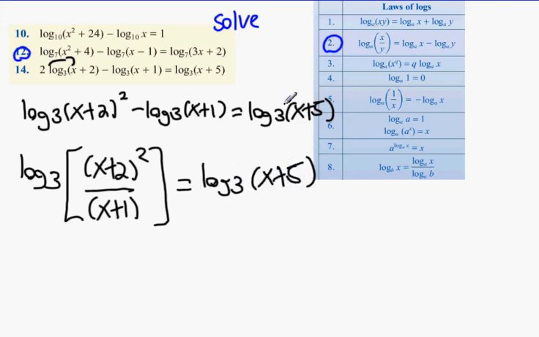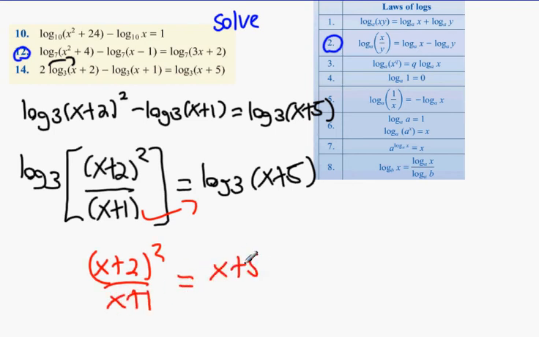Both the logs can now disappear, and we're going to bring up the x plus 1. Sorry, I'll do the next step out in its entirety, just so I don't confuse anybody. x plus 2 squared times x plus 1 equals x plus 5.